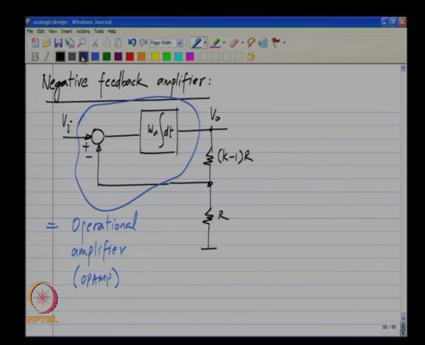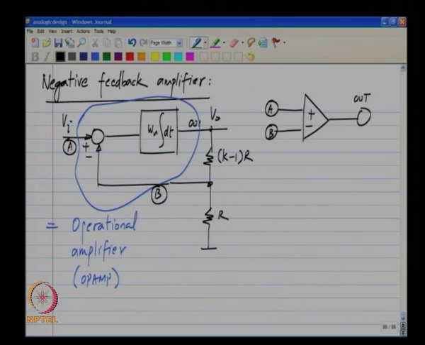So, essentially an op amp is a block that takes the difference and integrates it, where these terminals correspond to these. Okay.